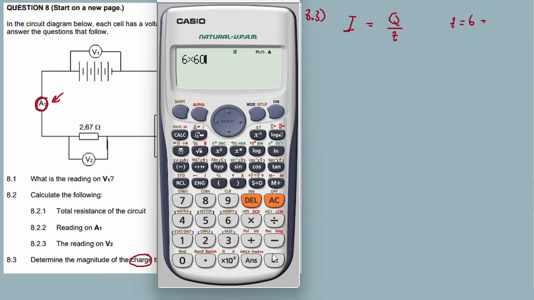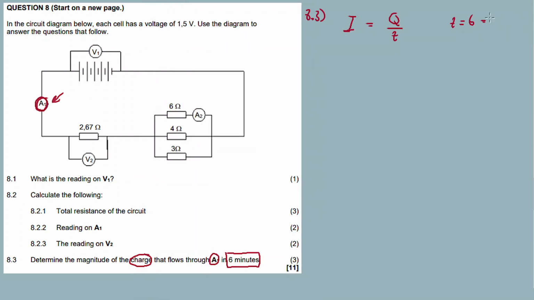We only do calculations in seconds, so it's 360 seconds.